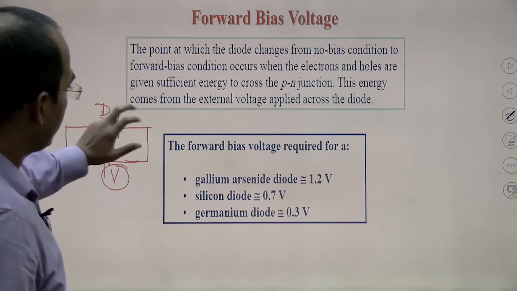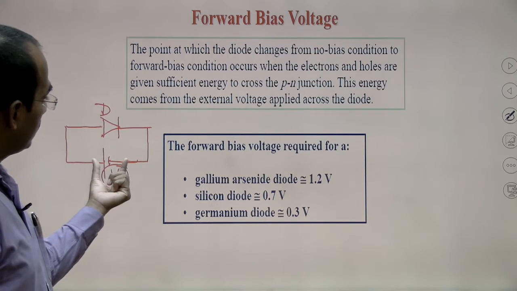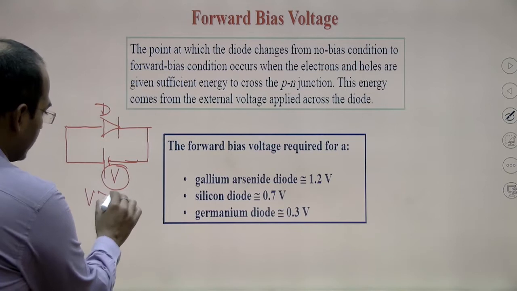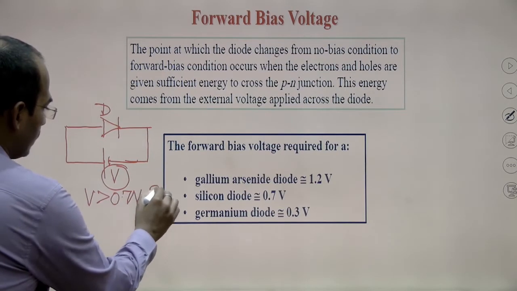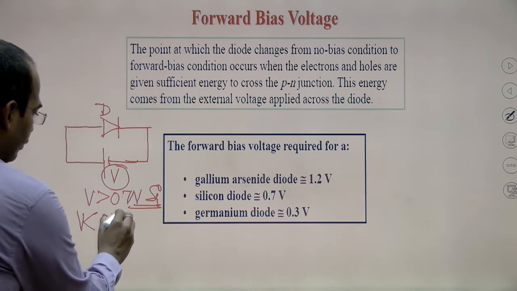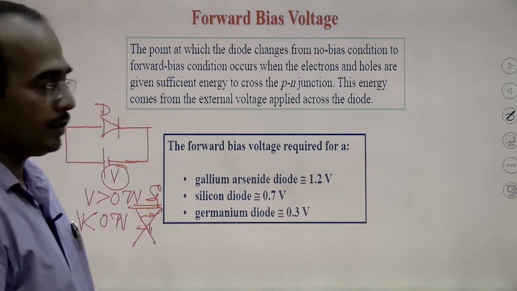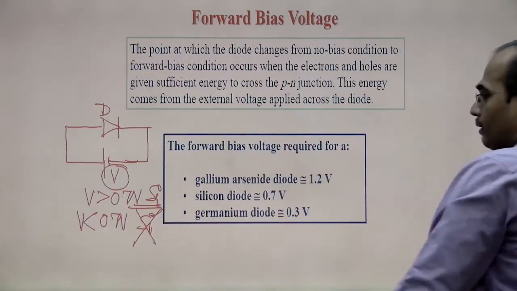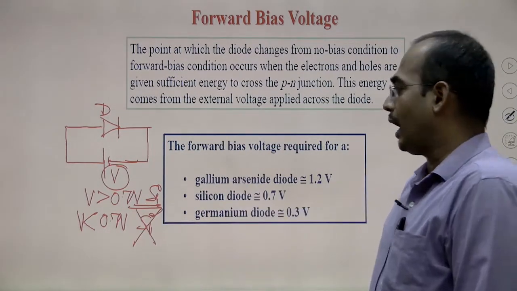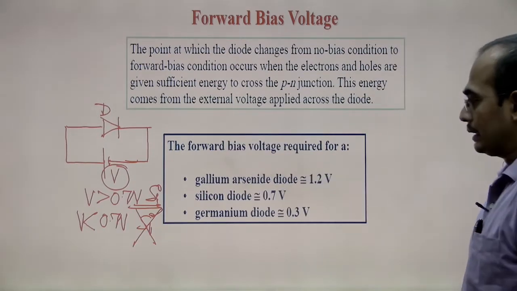If I am using a silicon diode and V is greater than 0.7 volt, then the diode will conduct. If the applied voltage is less than 0.7 volt, then this silicon diode will not conduct, because the condition is that you have to apply a forward bias voltage greater than the cut-in potential of the silicon diode or whatever diode I am using in the circuit.